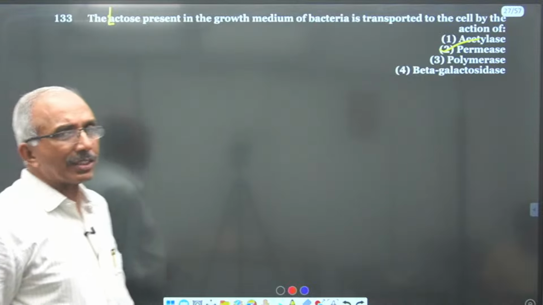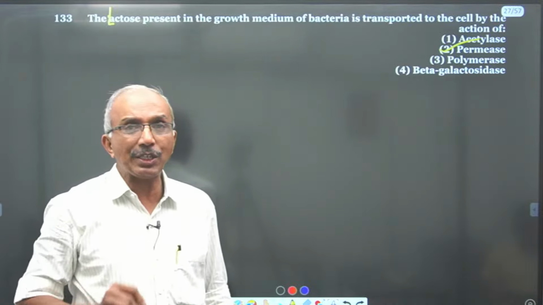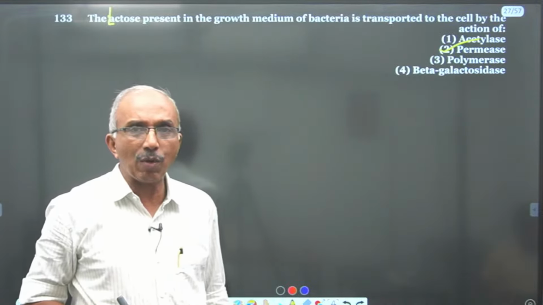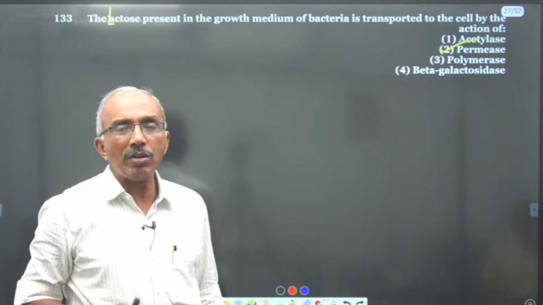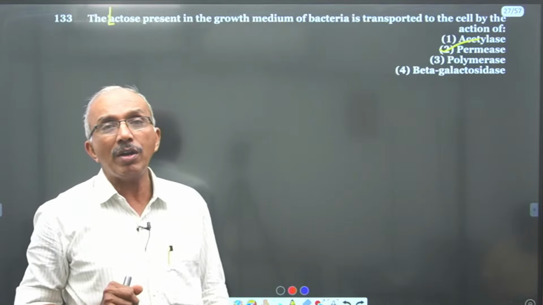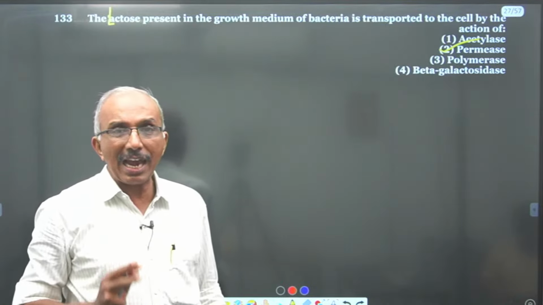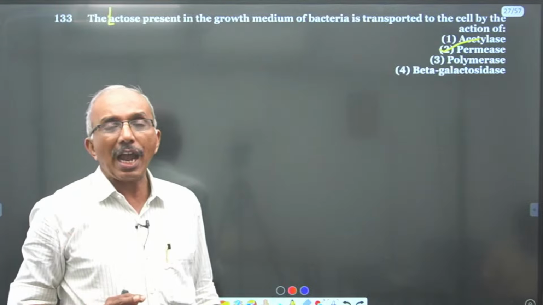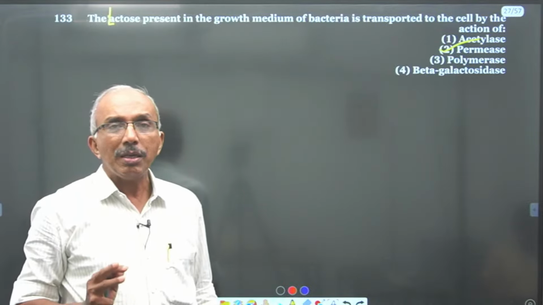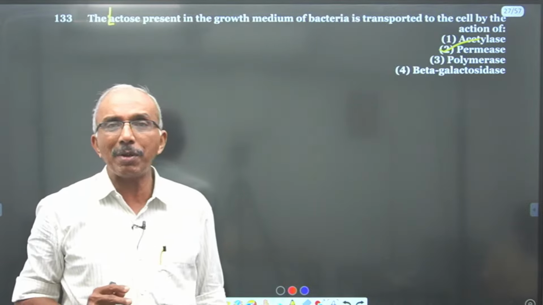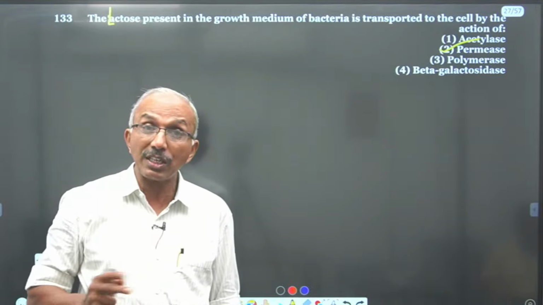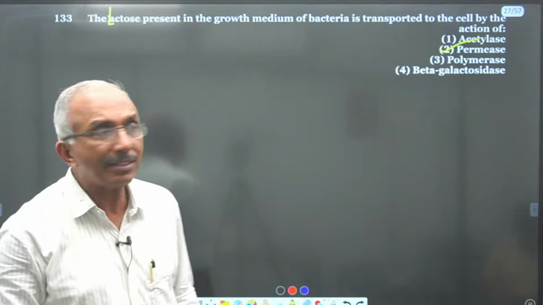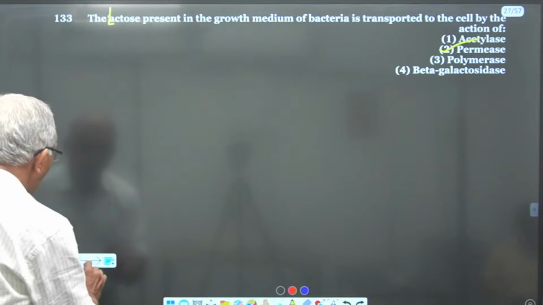So permease increases the permeability of the bacterial cell wall. The 3 enzymes produced by the structural genes of the lac operon: beta-galactosidase is for hydrolysis of lactose, permease increases the permeability, and trans-acetylase detoxifies thiogalactoside. Answer is 2.